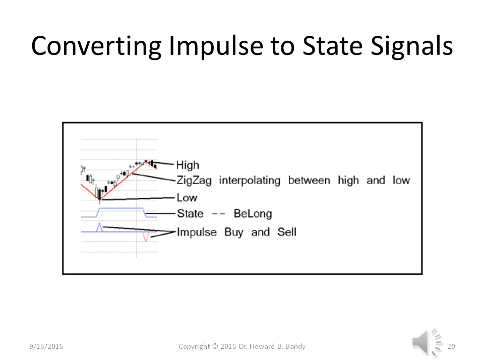And for the period beginning with the buy and until the sell, the state is to be long, otherwise it is to be flat. As a side benefit from changing from impulse to state signals, you get daily trade management. You're going to be computing a state every day, and you get to manage your trade every day.